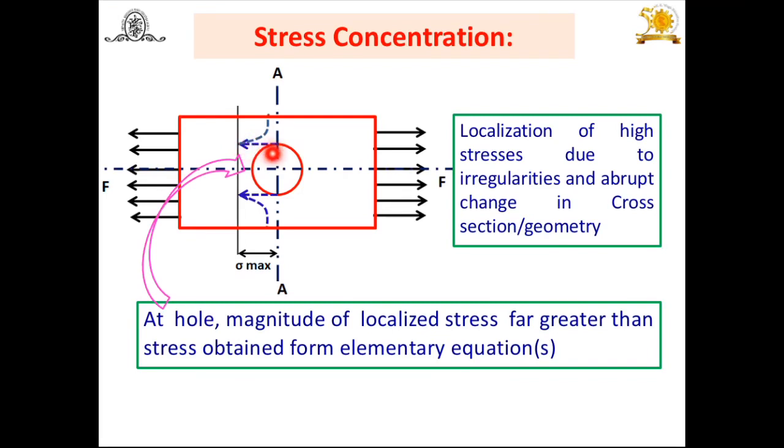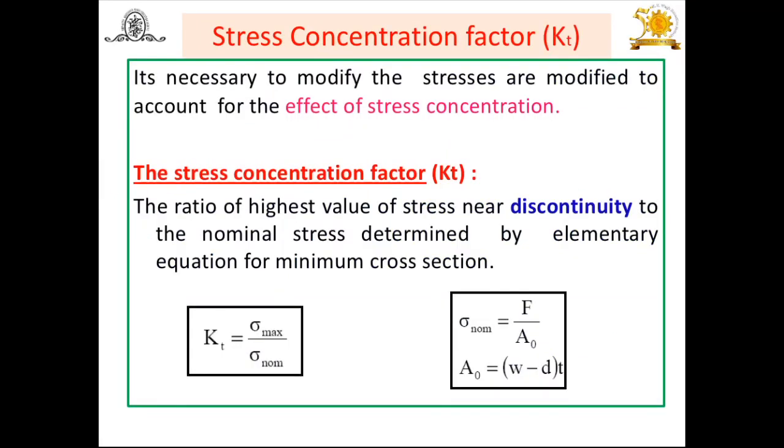This is because of this abrupt change in cross section, divided by the normal stress determined by the elementary equation for the minimum cross section. So the stress concentration factor, denoted by Kt, is equal to sigma max by sigma normal. That means it's the ratio of maximum stress near the discontinuity upon sigma normal. Sigma normal means the stress calculated using the elementary equation.